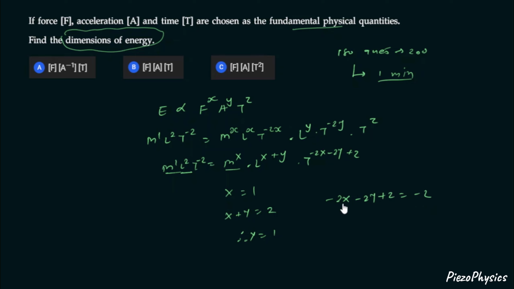So with the values of x and y being 1, minus 4 plus z will be equal to minus 2. Therefore z equals 2. So our correct option will be option C, which is F A T power 2.